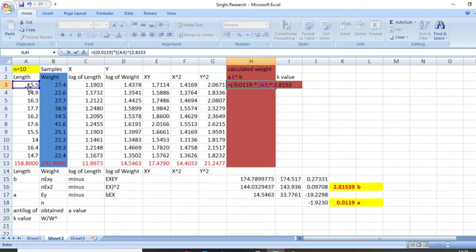I am taking 4 digits after the decimal. Then close all the brackets you have opened and give enter. You will get the calculated weight of the particular fish. See, for this length 15.5, the observed weight is 27.4, the calculated weight is 26.7. To get it for all, please drag it.